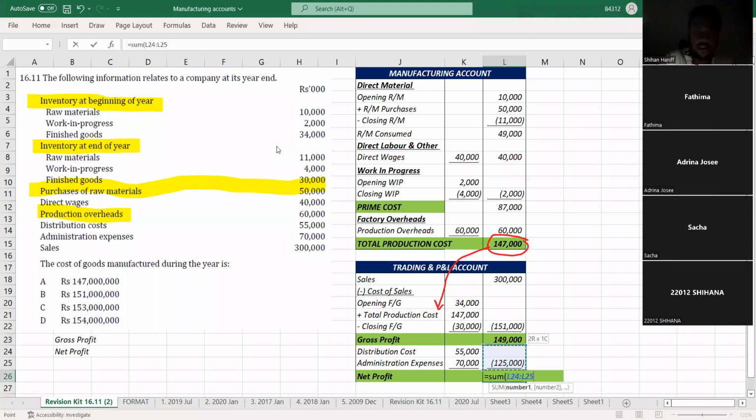Gross profit 149. Net profit 24,000. Right, very good.